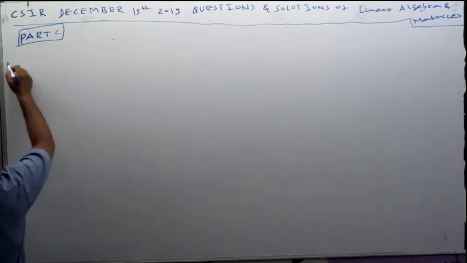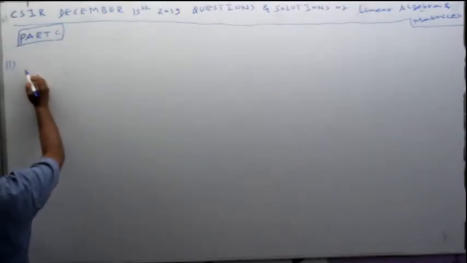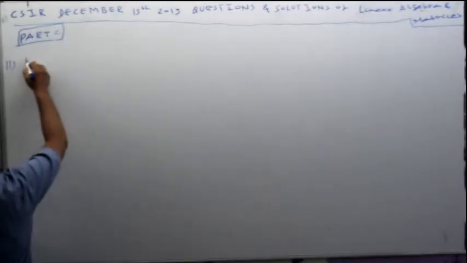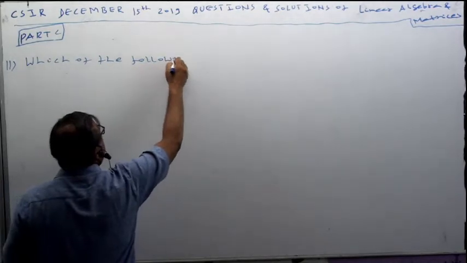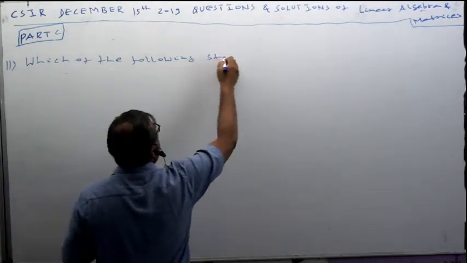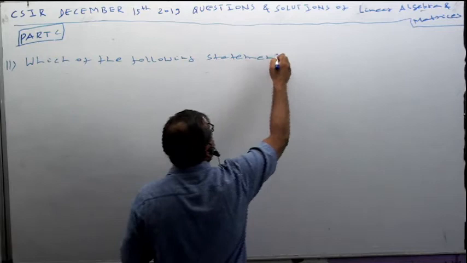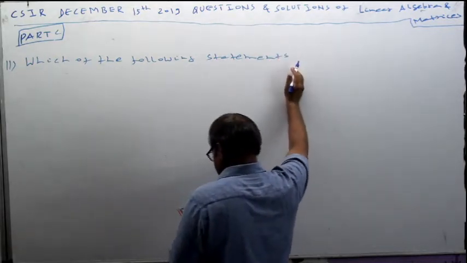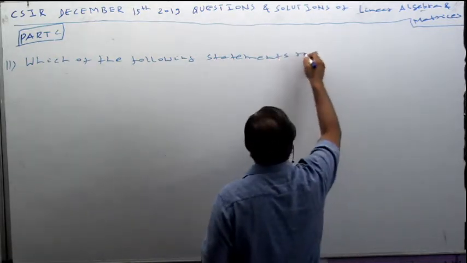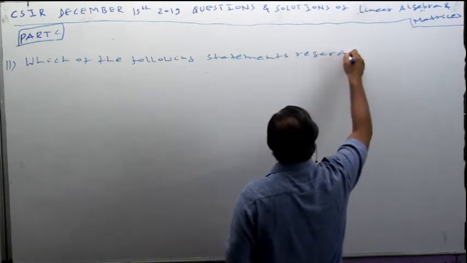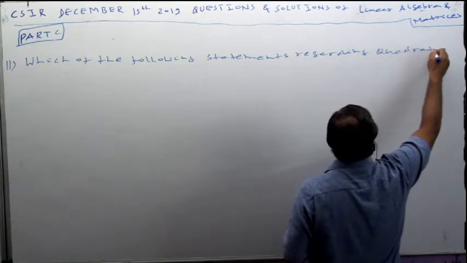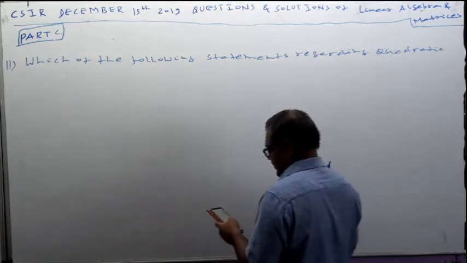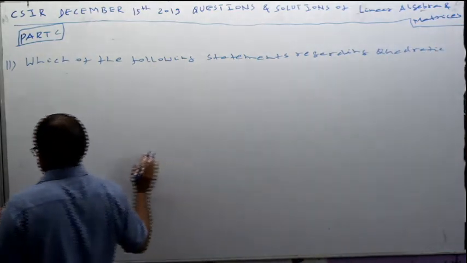Question number 11, you write: Which of the following statements regarding quadratic forms in three variables are true?